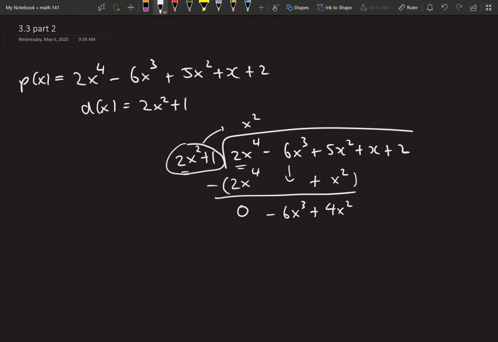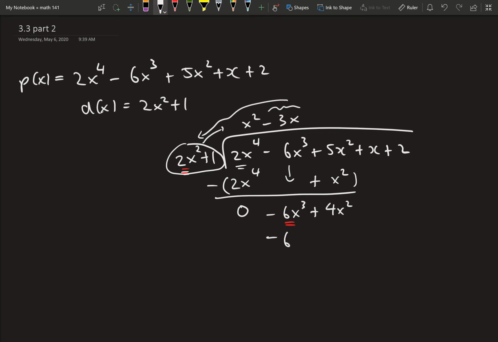Okay? So this is our new lead term, dividing by this lead term again. If you divide negative 6x cubed by 2x squared, you get minus 3x. So we multiply this minus 3x overall by the divisor.